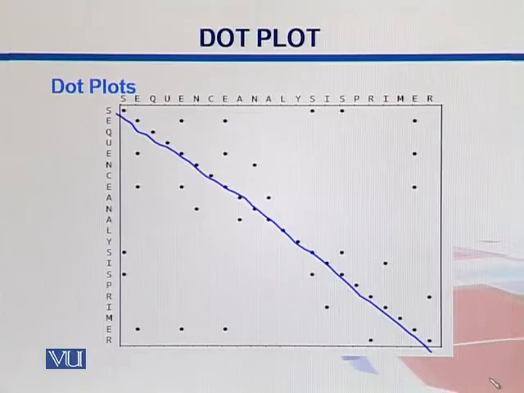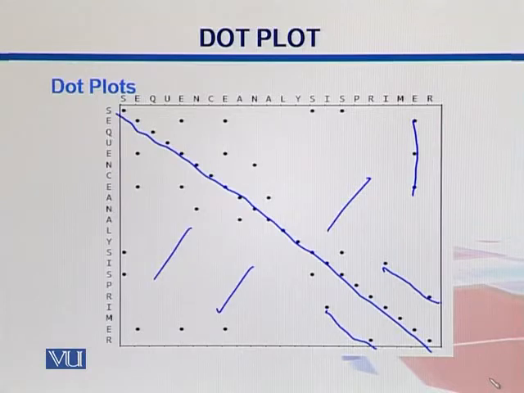Here we are placing the same sequence, and in addition we can derive some other interesting patterns. We can see some lines going parallel to the diagonals, some lines going perpendicular, and maybe at some stages some lines like this. Everything has different meanings, so let's see what we can get out of it.